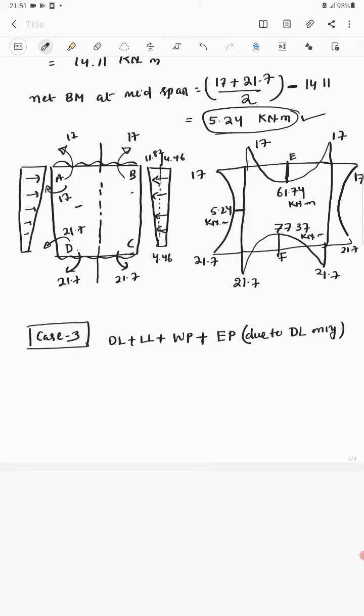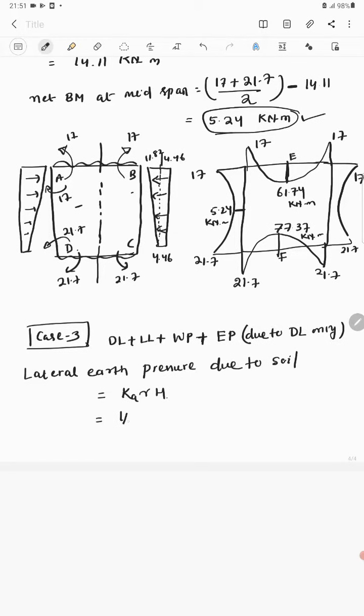So if this is the case, we have to calculate what is the lateral earth pressure due to the soil, that is Ka into gamma h.